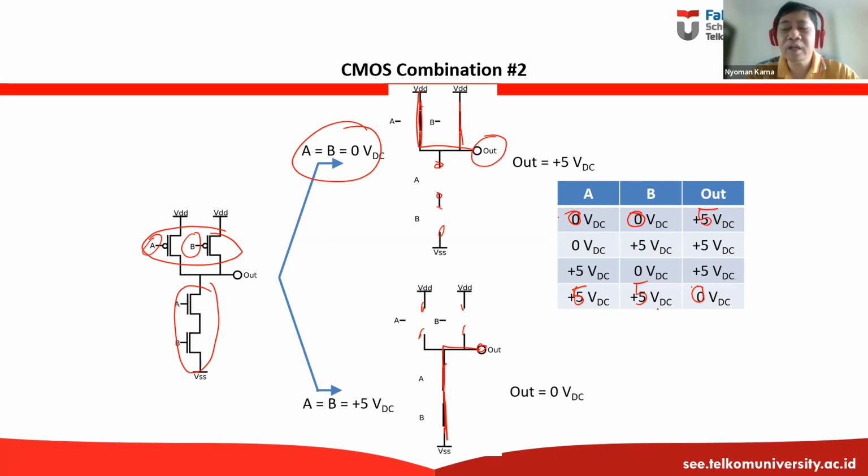Okay. Now, how about if I give the other two combinations? Let's say A is 0 and B is 1. Then one of the NMOS will be in cutoff, but one of the A or B PMOS will be saturated. Also, it's something like this. This one will be saturated.